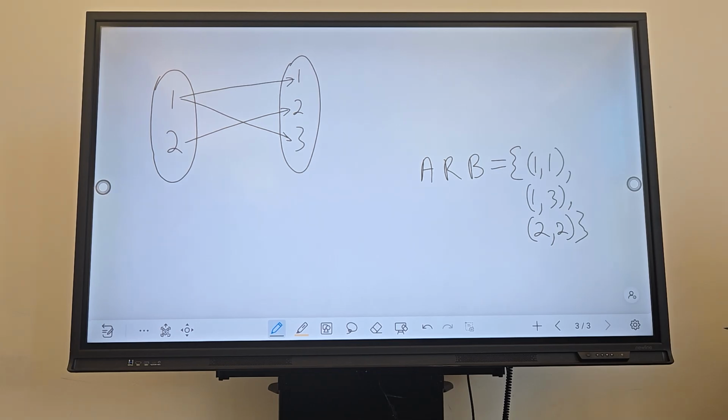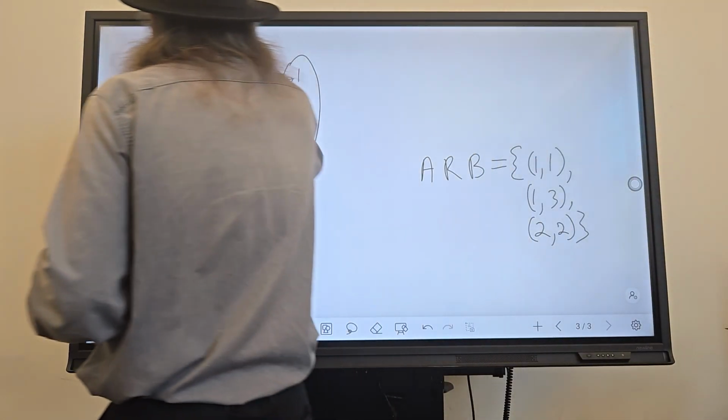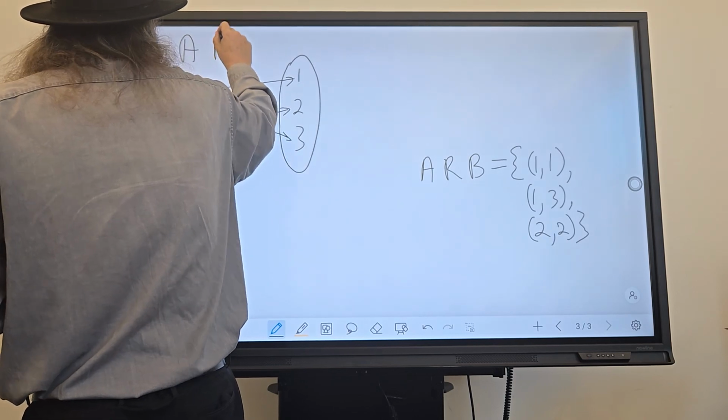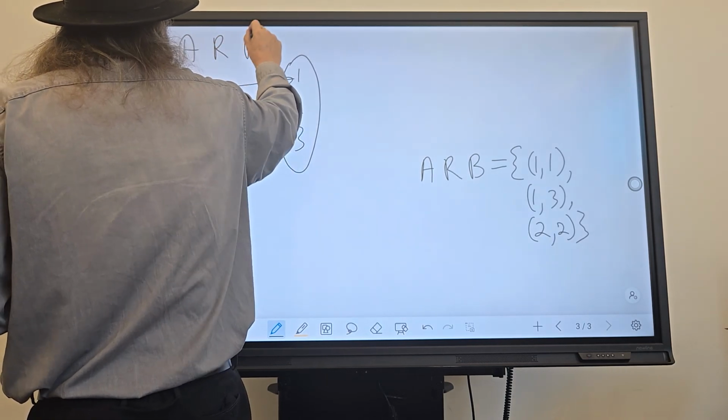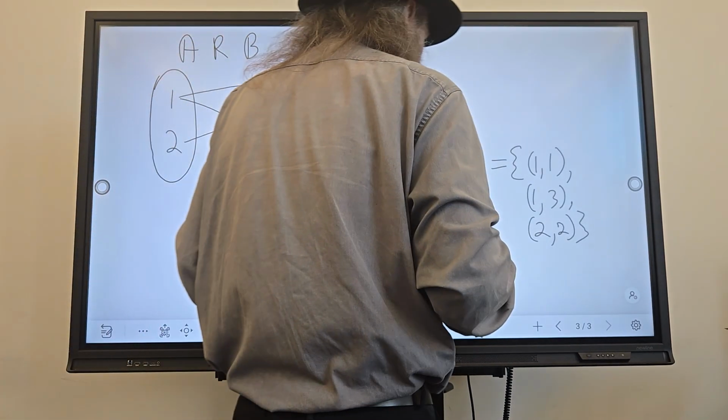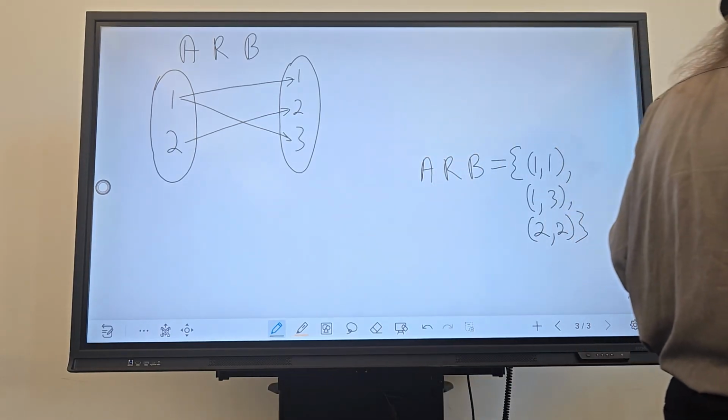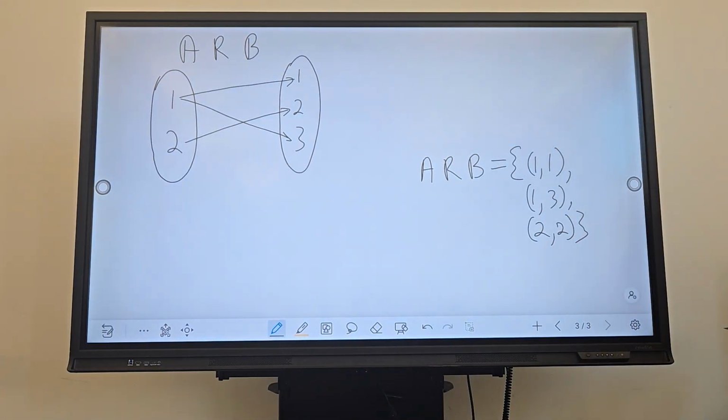So that is how the arrow diagram would be for A is related to B. Okay? Now, a function is a relation.